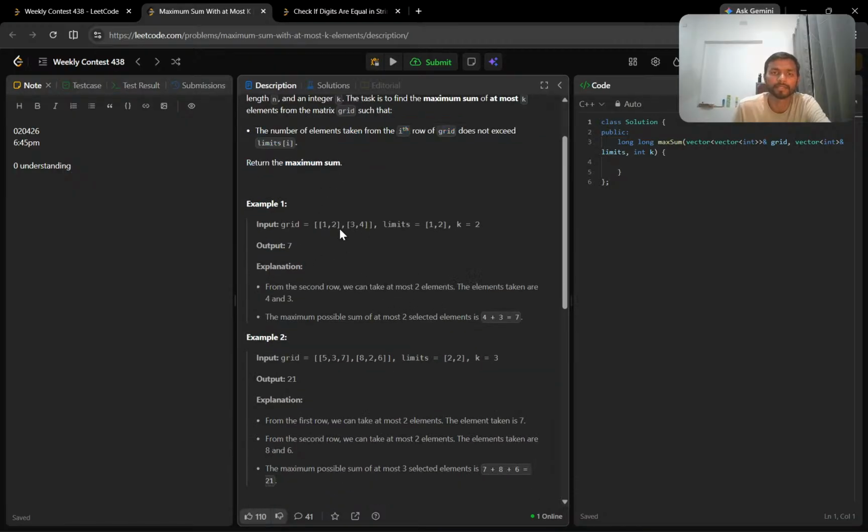Return the maximum sum. Grid is this, limit is 1 2, k is 2, output is 7. How? From the second row we can take two elements, the elements taken are 4 and 3.